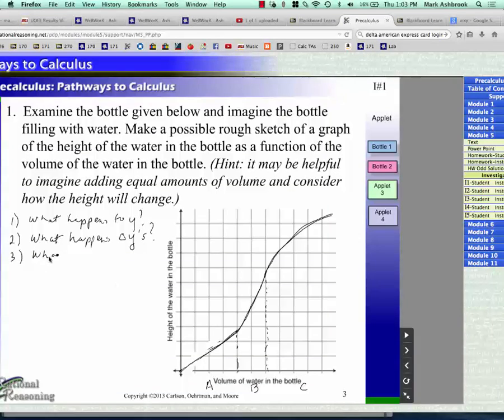And what's happening to the rate of change of y? Okay, take 5 minutes and do this. So for equal increments of x, you're asking those 3 questions for all 3 parts.